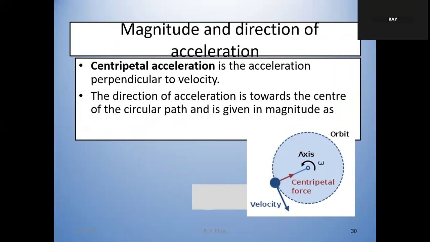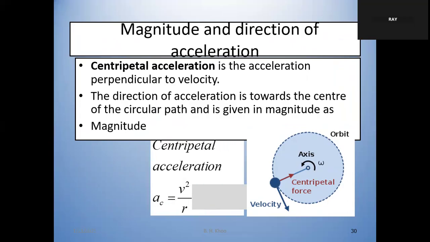Direction of acceleration is towards the center of the circular path and is given in magnitude. Memorize v squared over r or r omega squared. Right? You're supposed to know how to use it and recall. When the syllabus says recall and use, then it's not in the formula sheet.